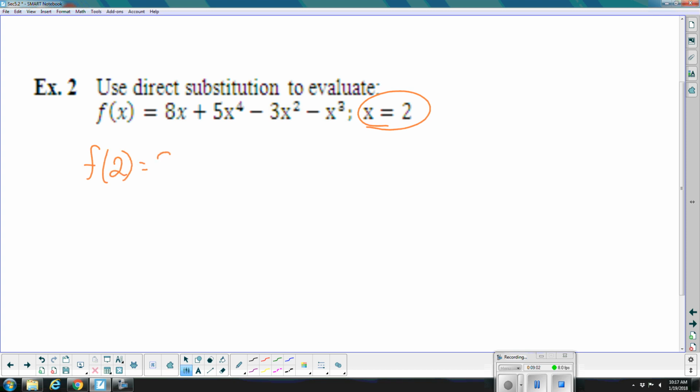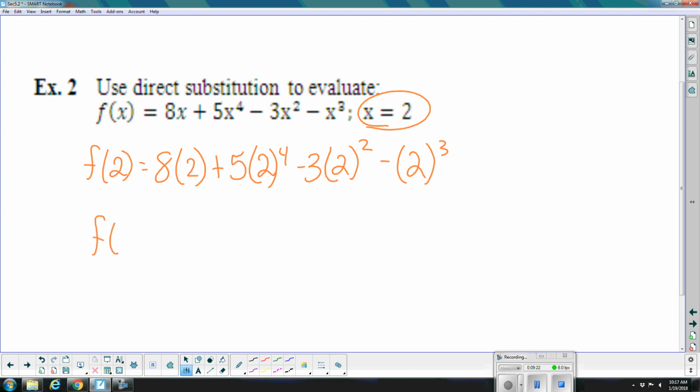So f of 2 is going to equal 8 times 2 plus 5 times 2 to the 4th minus 3 times 2 squared minus 2 cubed. And then we're going to evaluate it this way.